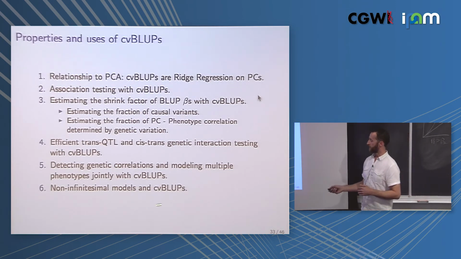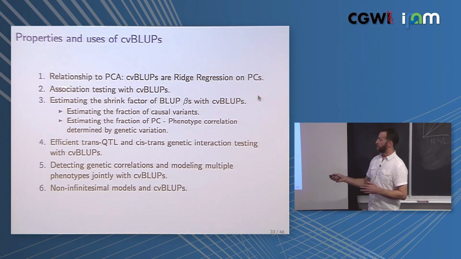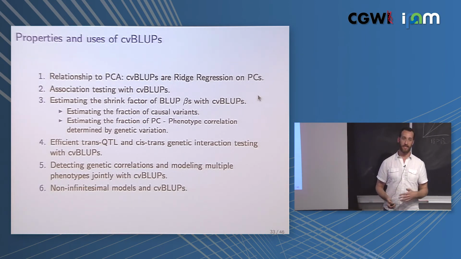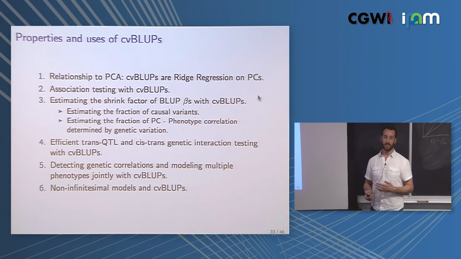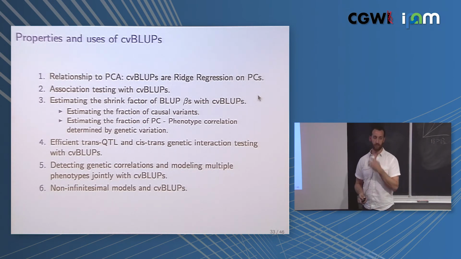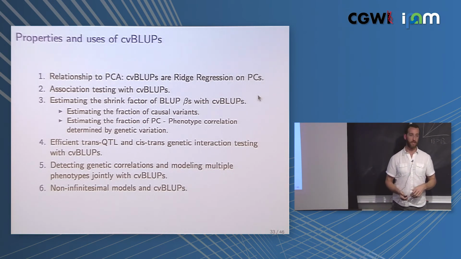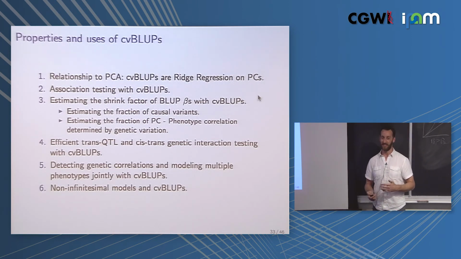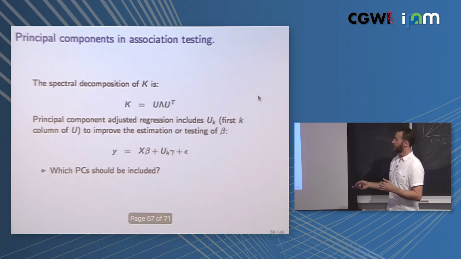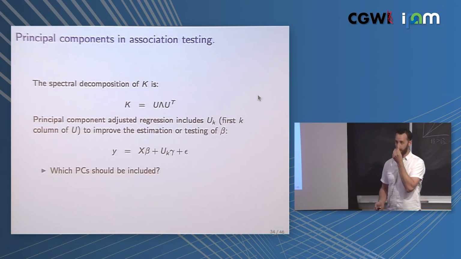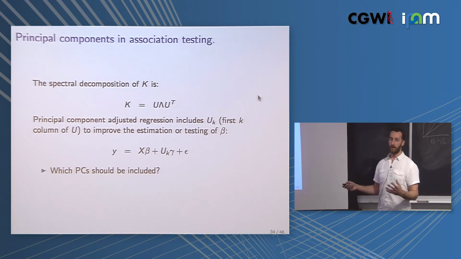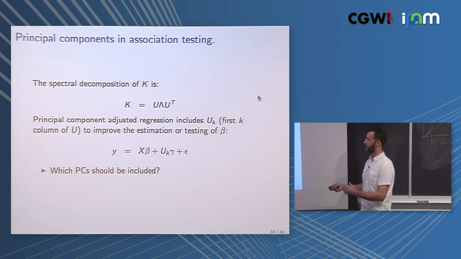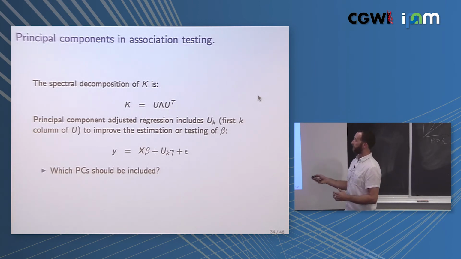I'm going to save the bit about association testing for the end because it's kind of the obvious thing, and there's some other stuff that Joel and some other people in the lab have been doing with these cross-validated predictors that I think is maybe more interesting to talk about first. So first, I want to tell you about this relationship between principal components.